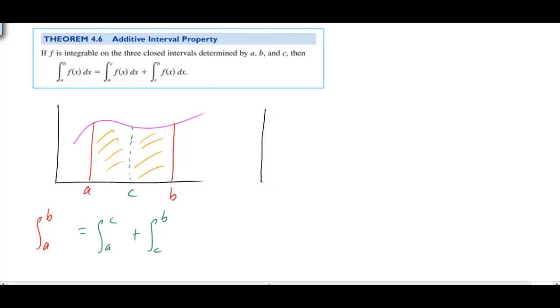Now, let me pose you with this situation. We have our same graph. We have a, we have b, and we have our c, but this time c is located over here.